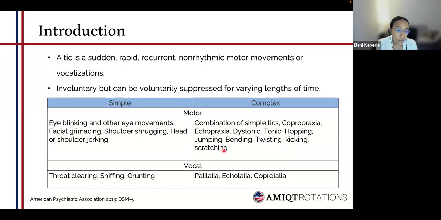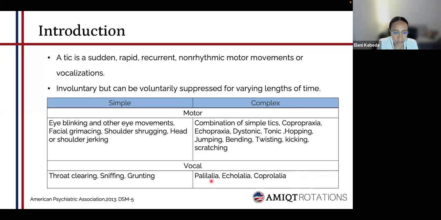They can also present with dystonic positions, and some other purposeful movements that are listed here can be considered a complex motor tic. So when we talk about the vocal ones, we have the simple ones like sniffing and throat clearing. And we have the complex ones like palilalia, which is repeating one's own words, or echolalia, repeating others' words or the last heard word or phrase, or coprolalia, which is commonly known with Tourette's, which is saying obscenities, or it could be racial or religious slurs.